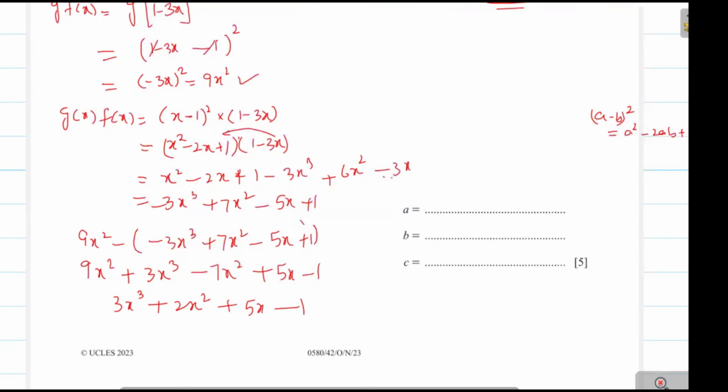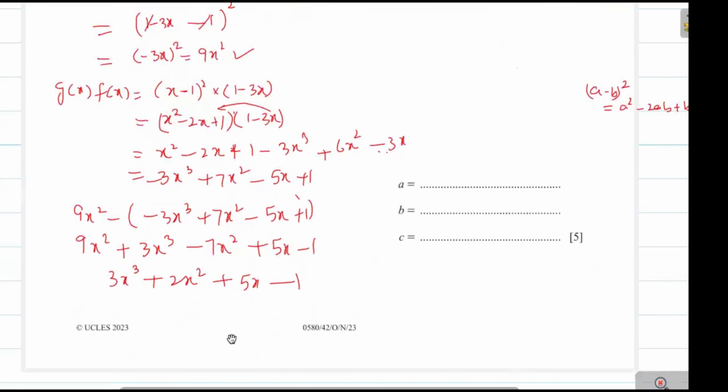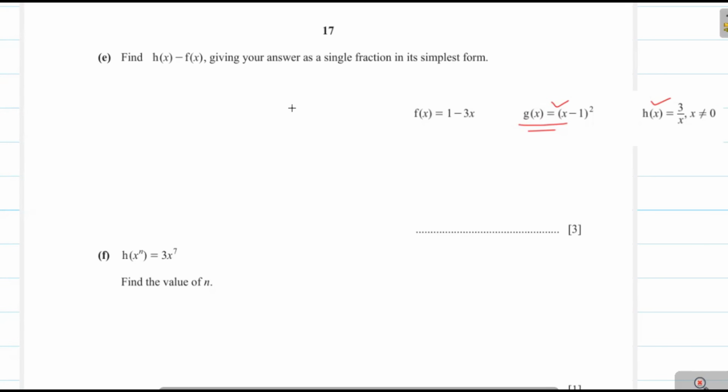Therefore, a is the coefficient of x square, b is the coefficient of x. Here the coefficient of x square is 2, the coefficient of x is 5, and the constant is minus 1. This is the answer.